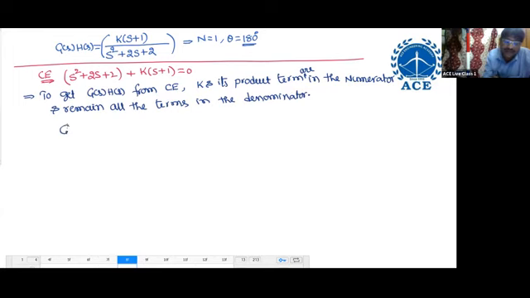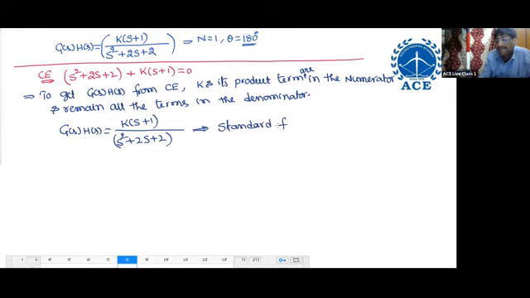That means simply I can write G of s, H of s equal to K into (s plus 1) by (s square plus 2s plus 2). This is the standard form to draw the RLD.